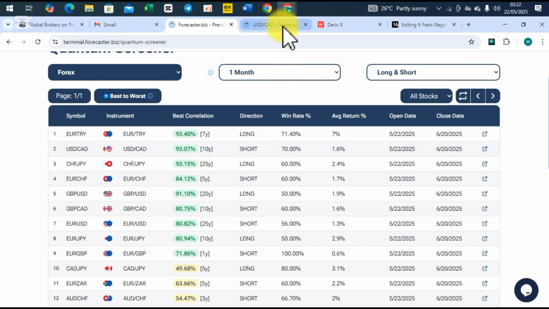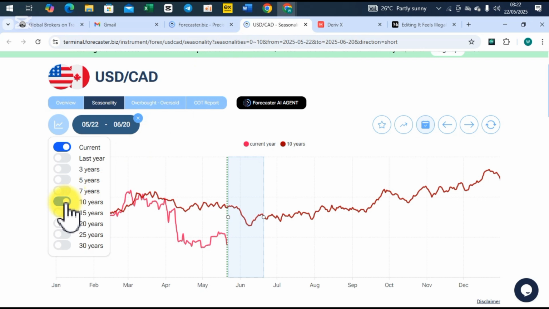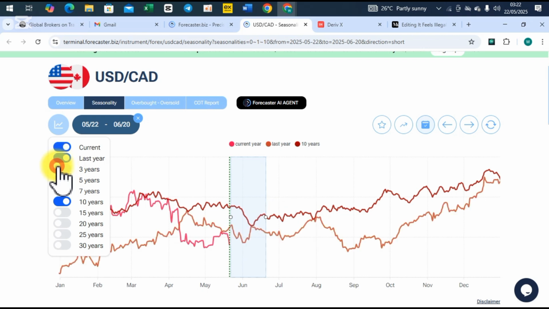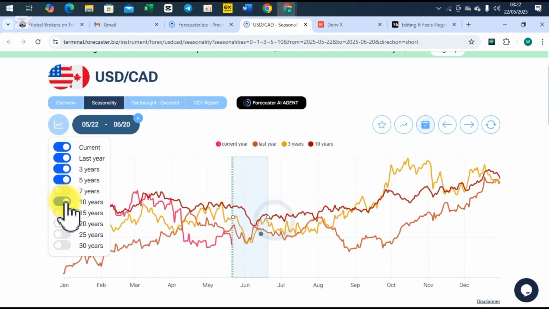But when we go to the chart, this is exactly what you are seeing because it's already selected. That means if I select other periods, because I can customize, I can select last year, I can select 3 years, I can select 5 years, and I can deselect 10 years if I want.